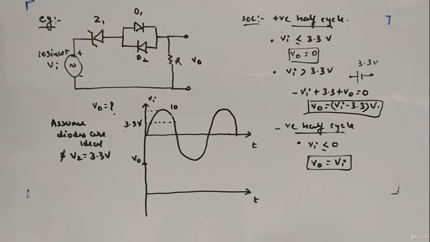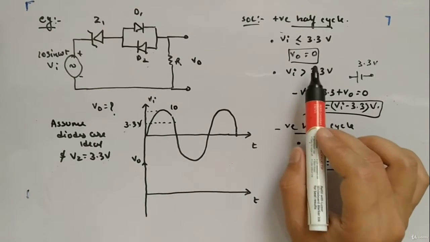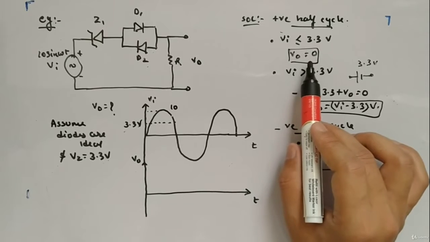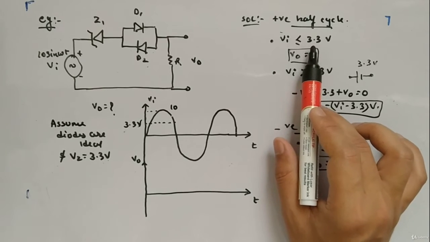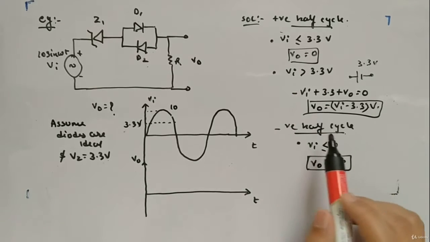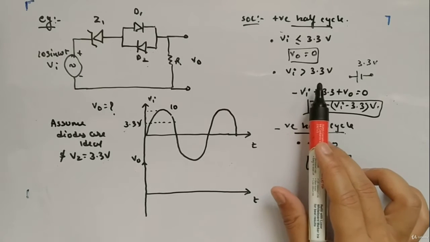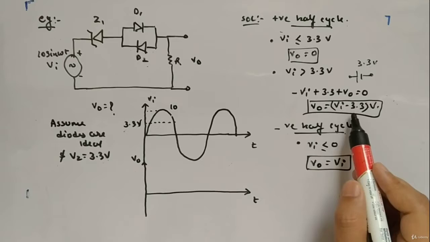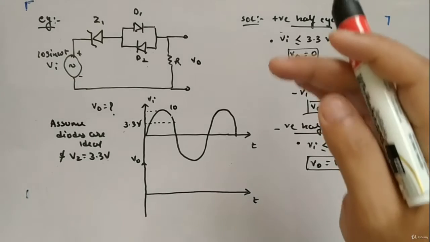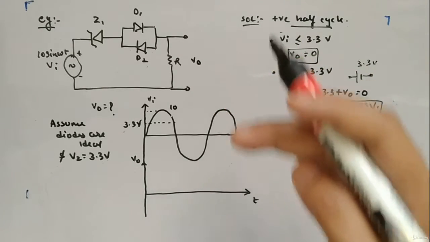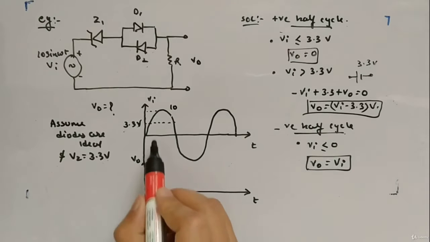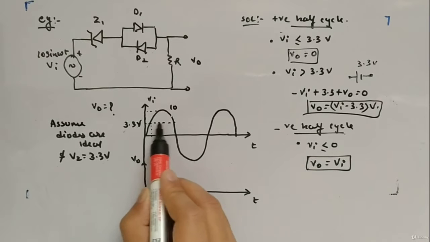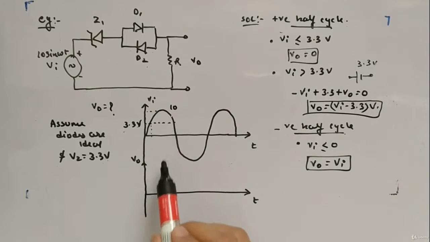So what you can see is, V naught will be 0 if Vi is less than or equal to 3.3 volt, and if Vi is greater than 3.3 volt in the positive half cycle, V naught will be Vi minus 3.3. So this is the 3.3 volt in Vi.